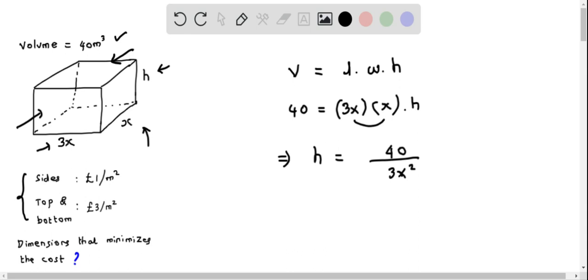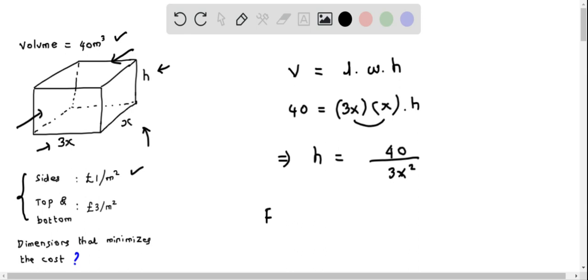To determine the cost, we have to find the area of the front as well as the back side. Just observe that the front and back side are symmetrical. That is, we can just calculate the area of the front side multiplied by 2, which gives the sum of the areas of the front and back side, and multiply that quantity by $1 or 1 pound, which will give the cost.